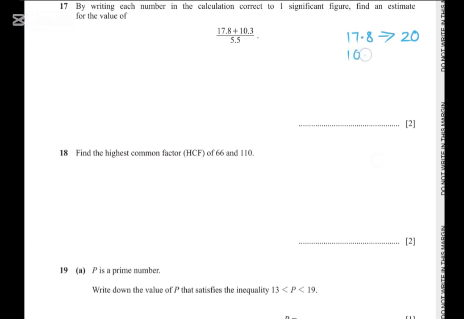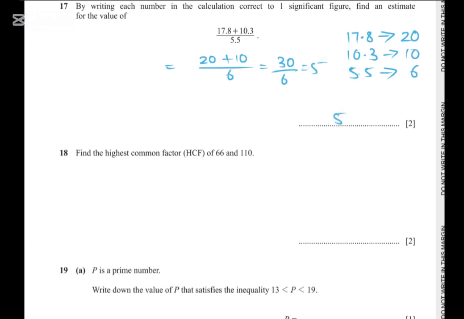Then 10.3 I'll round to 10, because there is only 0.3 left. And 5.8 I round to 6. So 20 plus 10 by 6 is 30 by 6, which is 5. So the answer is 5 here.